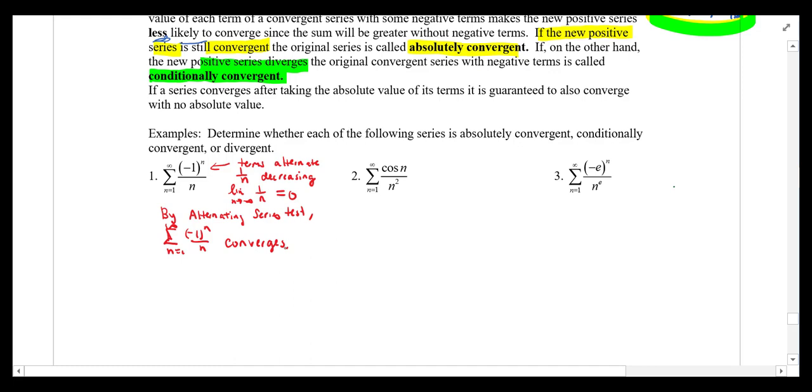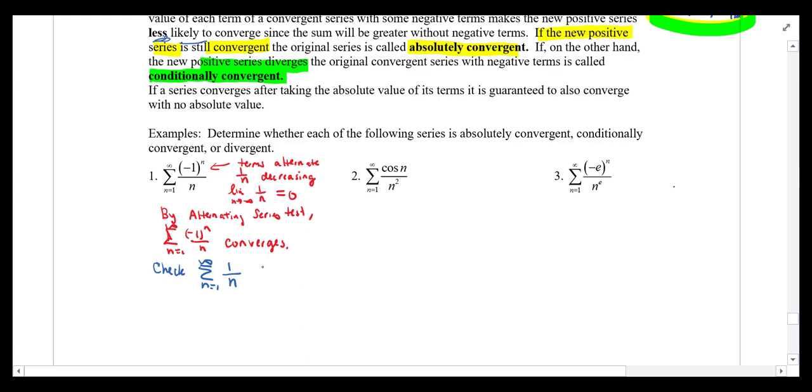Here's the new part. Now I need you to ignore the alternating part. Let's just pretend that all the terms are positive. So that means I now look at this series. Now we have to check the sum of n equals 1 to infinity, and now it's 1 over n. Oh, I know this one.